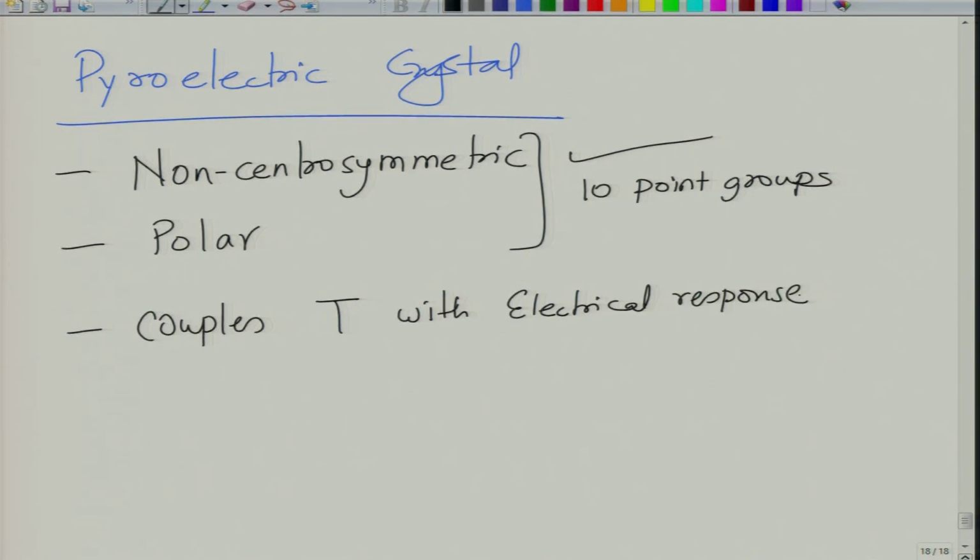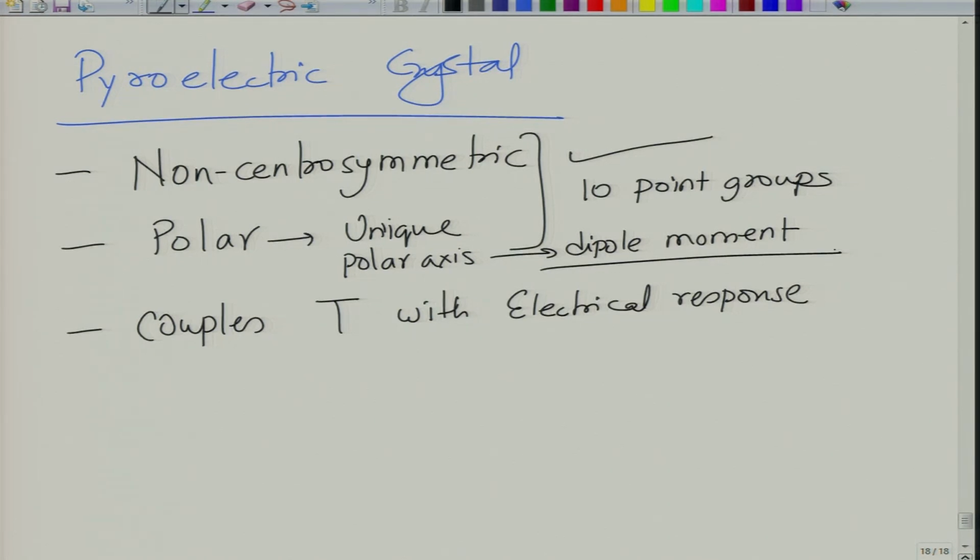A pyroelectric material is by definition non-centrosymmetric and must be polar, that is, it must have a unique polar axis, which means it must have a dipole moment along that axis. Okay. So, that is what a pyroelectric material means.